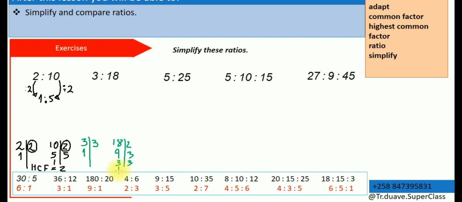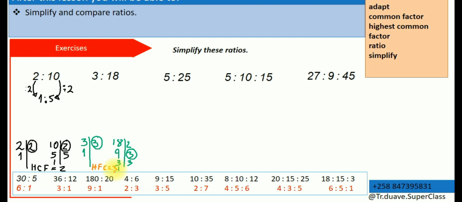Okay, and we circle the common numbers, which are this and this. The value of the highest common factor here, the HCF, is 3, right? So it is that number that we are going to use to divide the quantities.